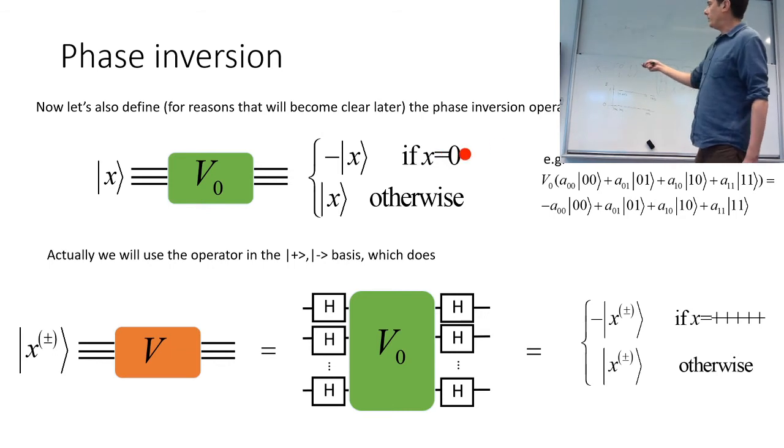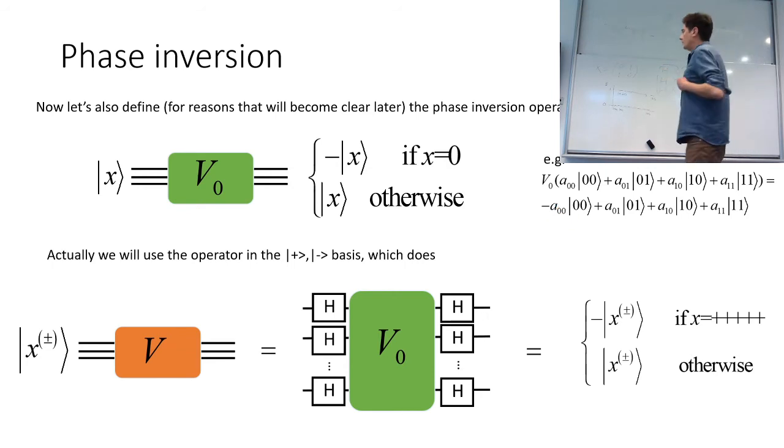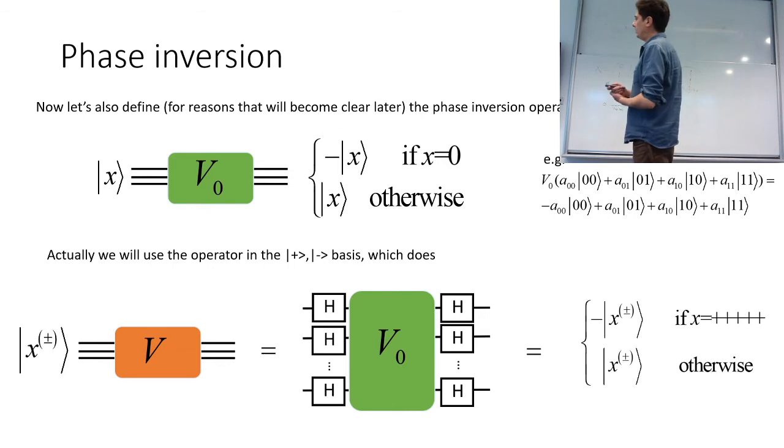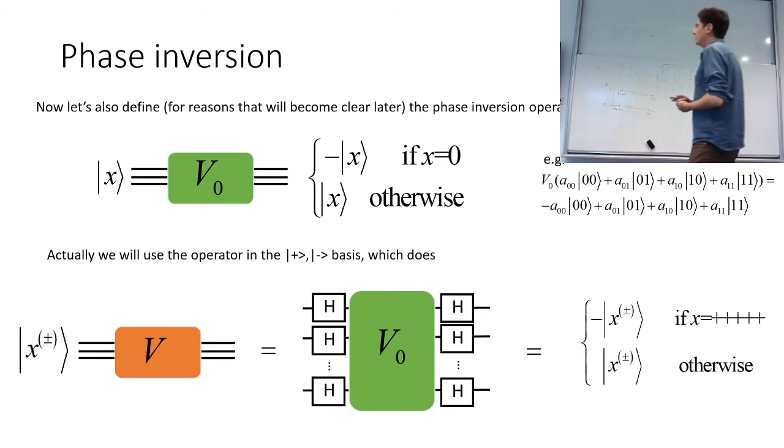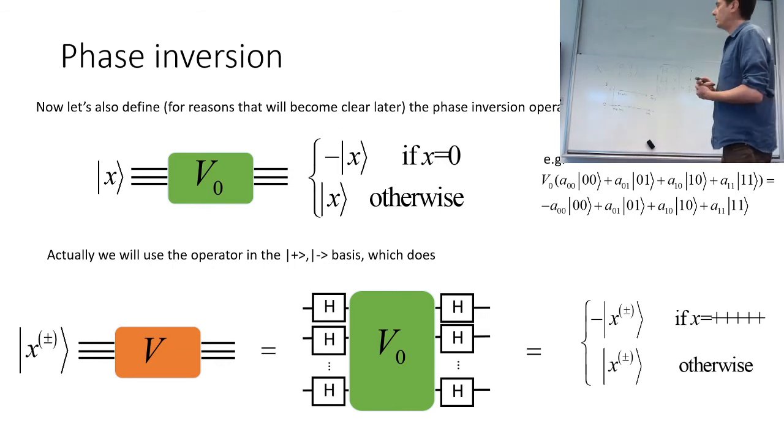So, for example, if I had this 2-qubit example here, and I start with some arbitrary initial state, then what that does is add a minus sign there. Okay, so that's the V0 phase inversion operator.